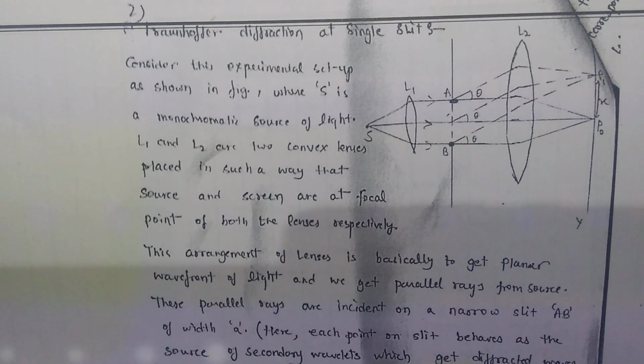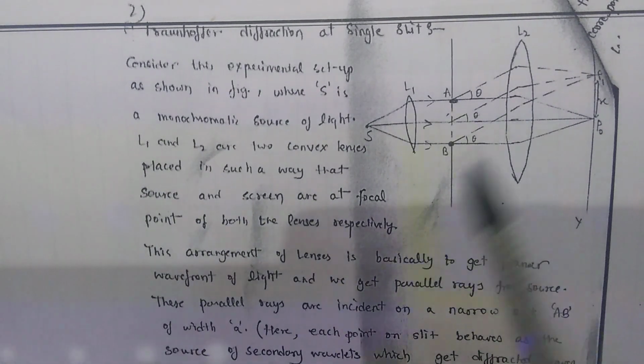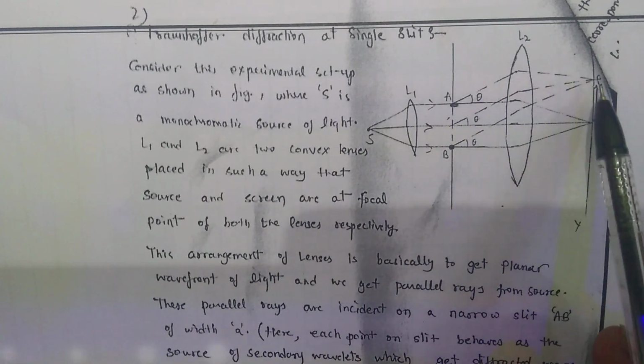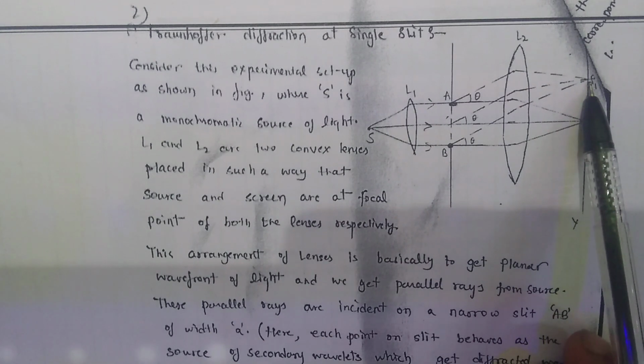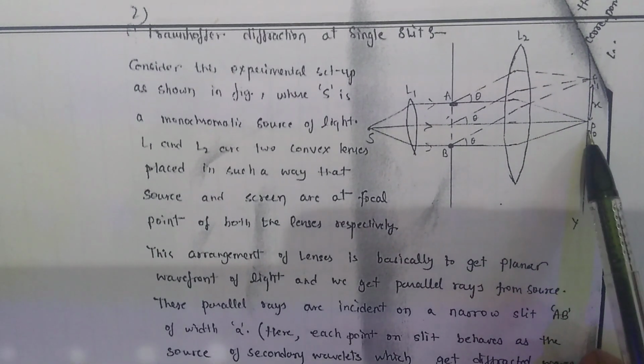Now some of the secondary wavelet sources get diffracted, and there are many. To discuss them, experimentally we got a condition: the secondary wavelet source from point A is diffracted, follows some path, and falls at point P1. Now let's consider another point P at a certain distance x from P0.